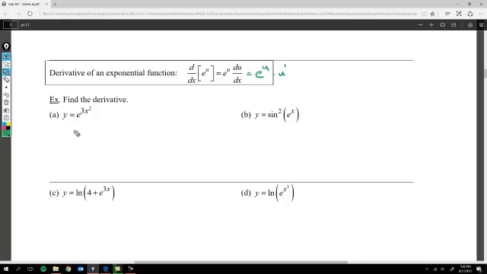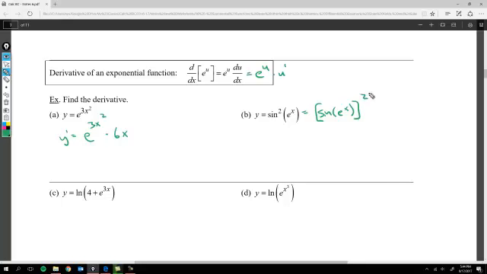So I want to find y prime. Y is equal to e to the 3x squared. So I literally just rewrite e to the 3x squared times the derivative of my exponent, so 6x. Okay, I'm going to rewrite this one. I have sine of e to the x, squared.